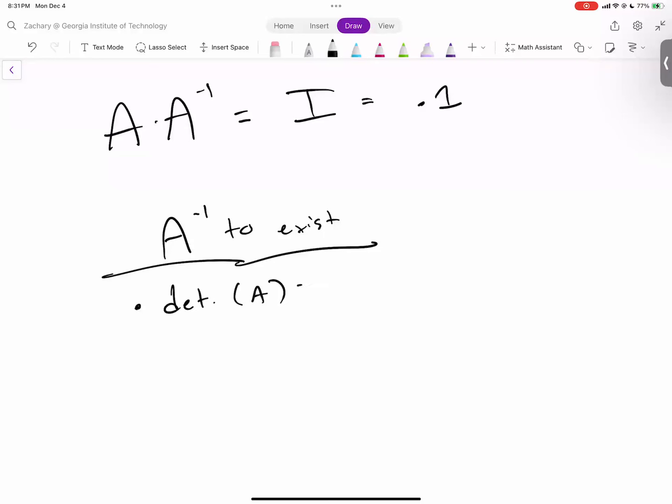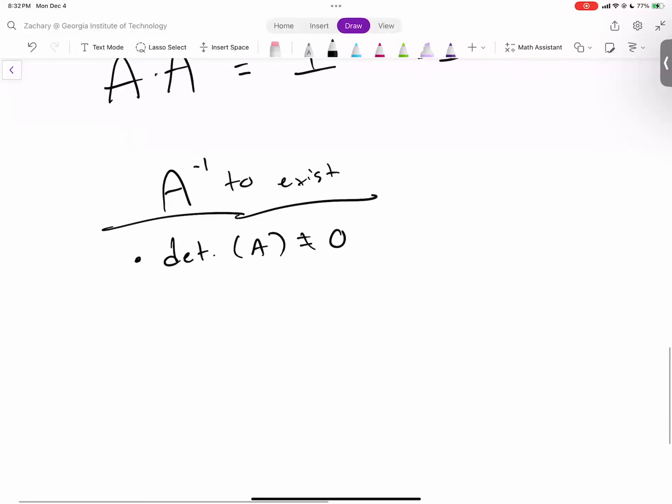So the determinant of A must be not equal to 0. Because if it's 0, that tells us we're not invertible. If it's a number, it tells us it is invertible. That's the whole idea.